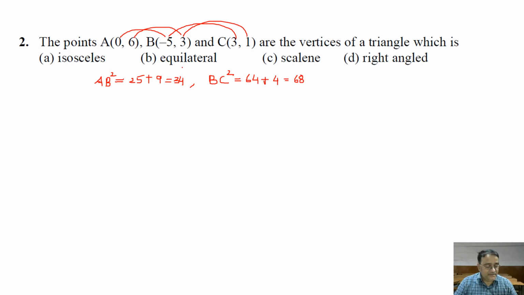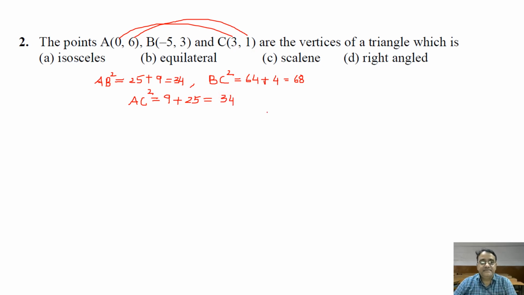And one more is left, that is AC square. ठीक है, उसको भी निकाल लेते हैं. 3 minus 0, that is 3, square is 9. So AC square is equal to 9, plus next one is 1 minus 6, that is minus 5, whole square is 25. Right. So we are getting 34.